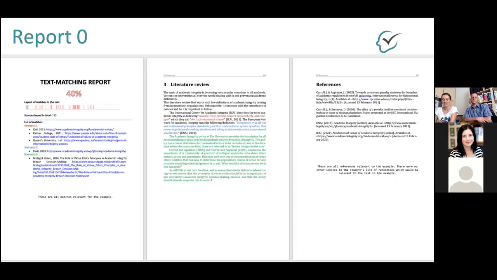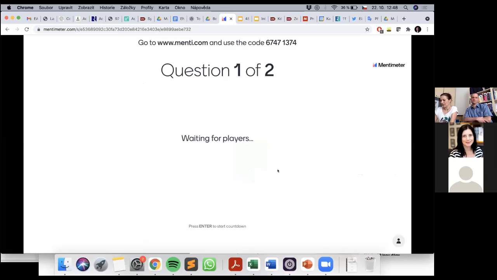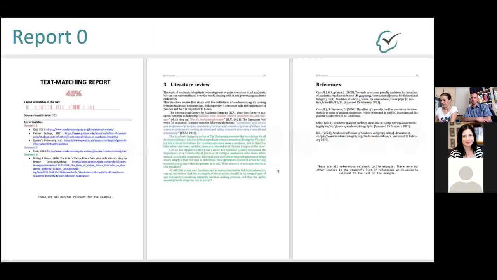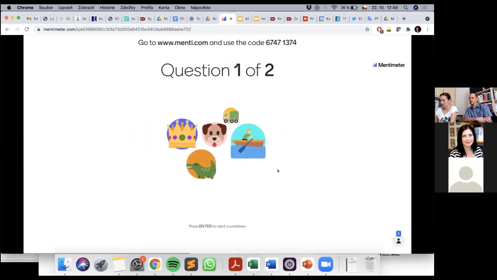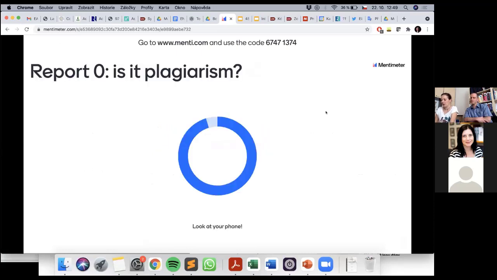I will just prepare the question there. I can see that the players aren't entering, so I will open the question, and you can share your answer there.